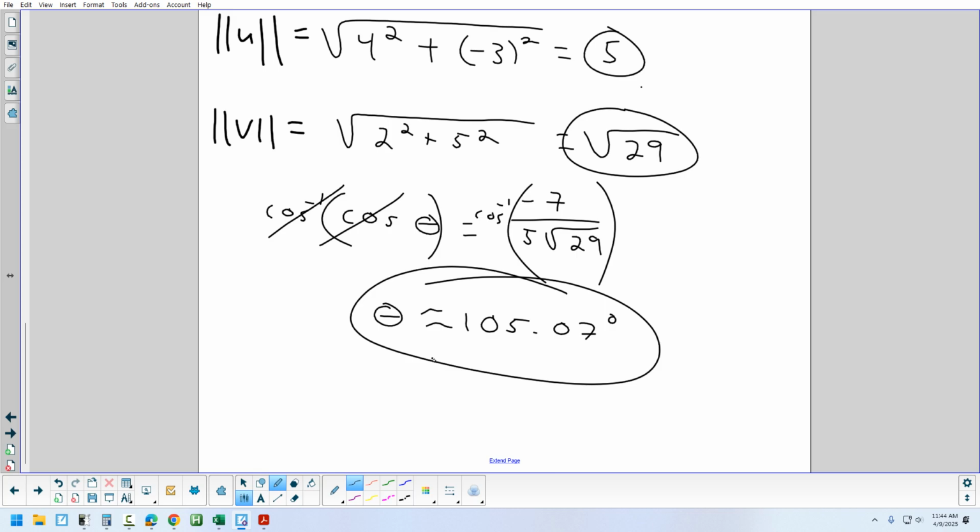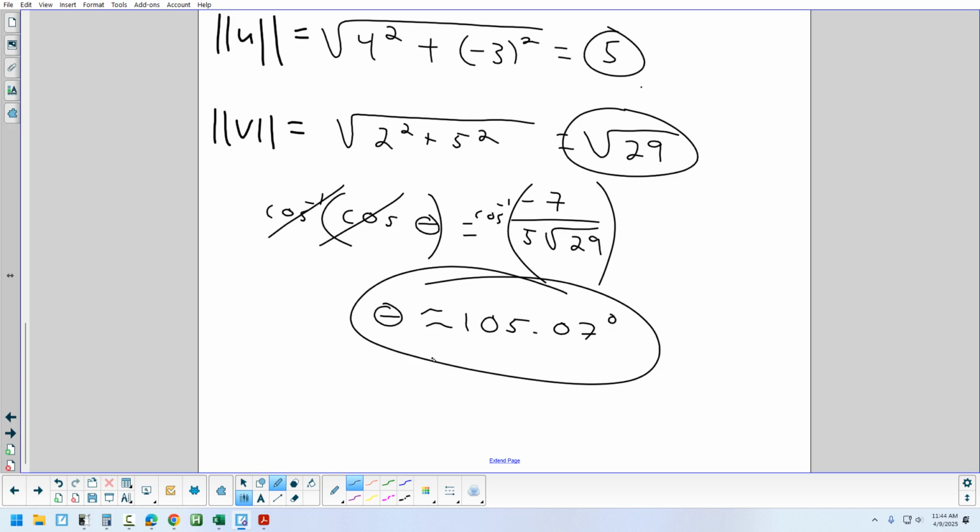All right, so now, still talking about the angle. There is a special angle that could happen between 2 vectors. 105.07, that's not special. That's just a random angle. Anybody have an idea what would be considered a special angle? A 0-degree angle would be special.